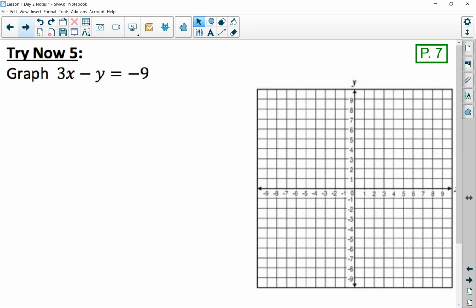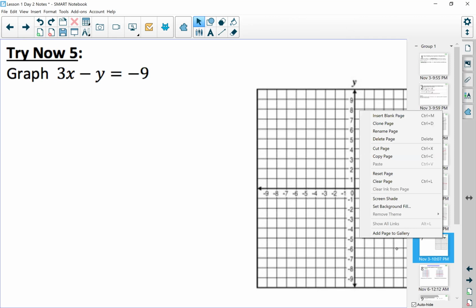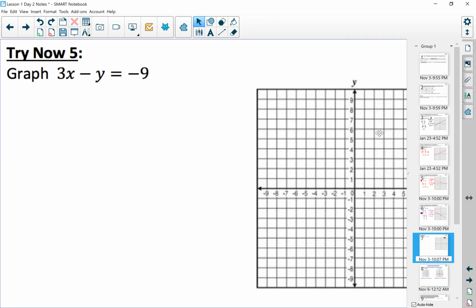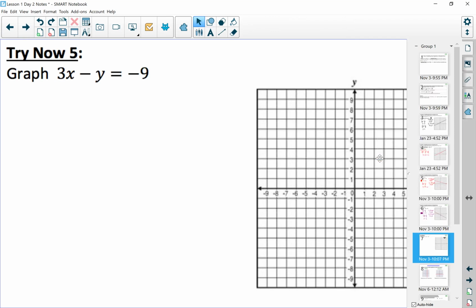Actually, let me show it both ways. Okay, for some reason this isn't working.